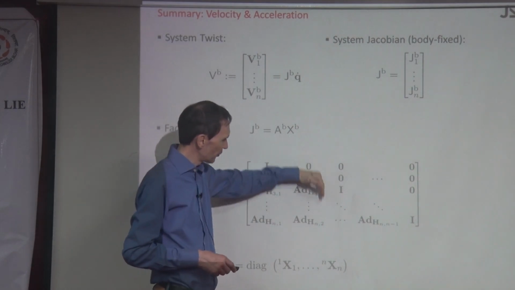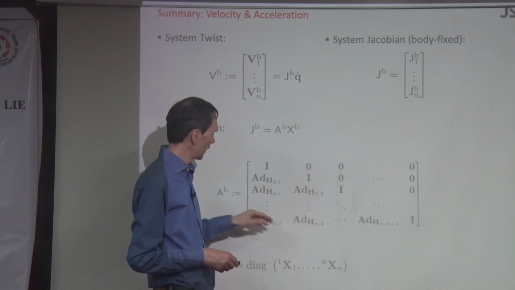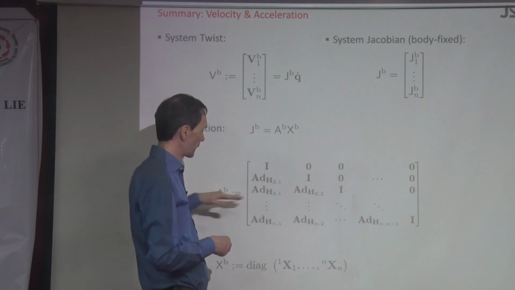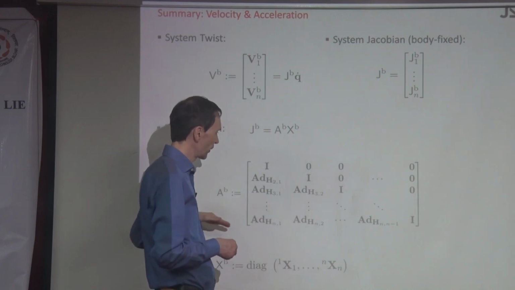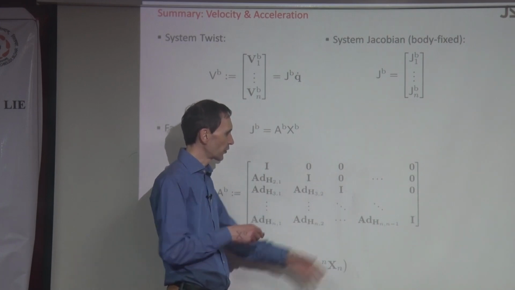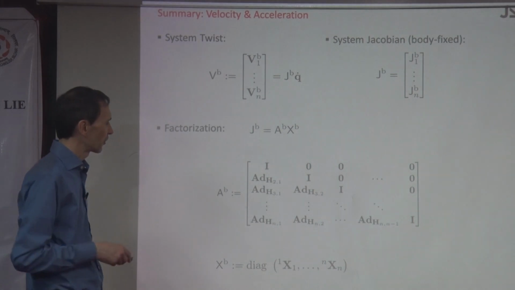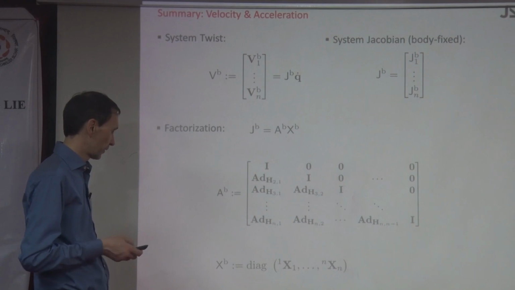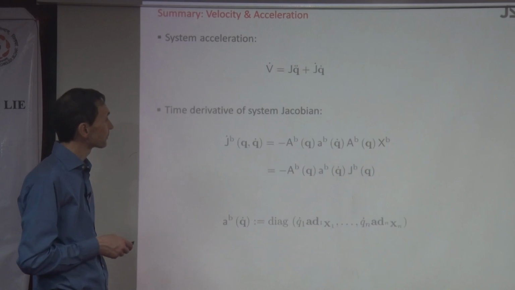The contribution of joint 2 to the whole thing is again the second, third, up to n twist that we are interested in, and it goes up to the end. And the last one is then the identity, because there's no transformation from n to n.